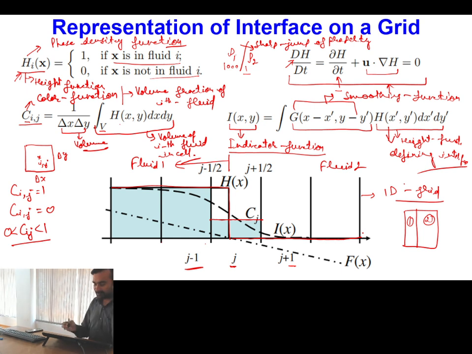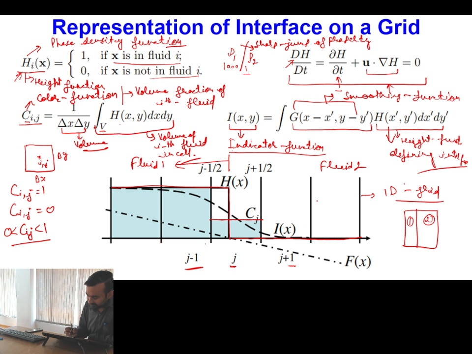Now, what I have done is define a third function, the indicator function, which is multiplied with some smoothing function. Once I multiply it with the smoothing function, it tries to bring a gradual change of the height function across the interface.